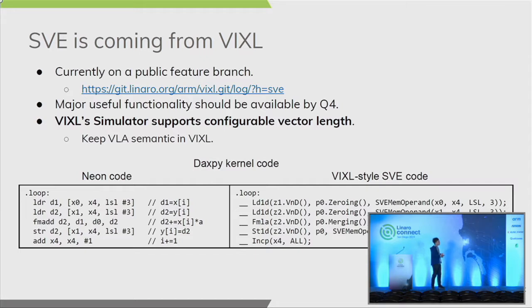Here is our development branch. You can get it for preview, and we hope the major useful functionality can be available by Q4. This is an example of how we use VIXL to code the DAXPY kernel.